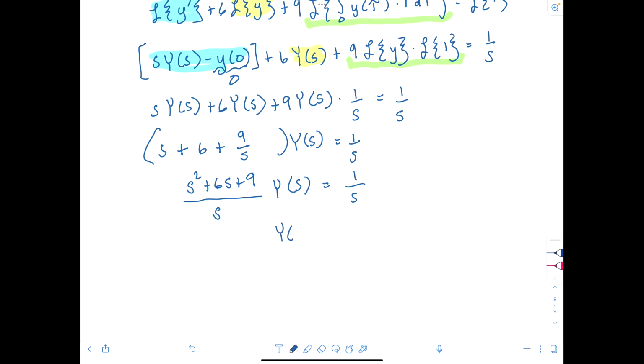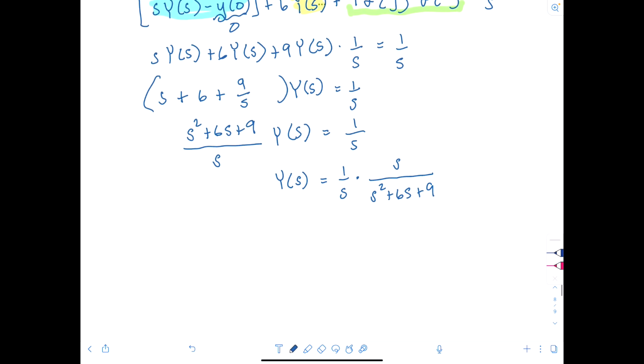And then isolating Y(s), we will have 1 over s times the reciprocal, which would be s over s squared plus 6s plus 9. The s's will divide out to be 1, and we'll get Y(s) is equal to 1 over, do you guys see that that is (s plus 3) quantity squared in the denominator?